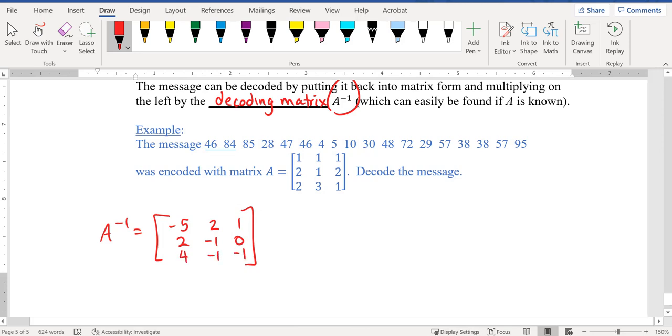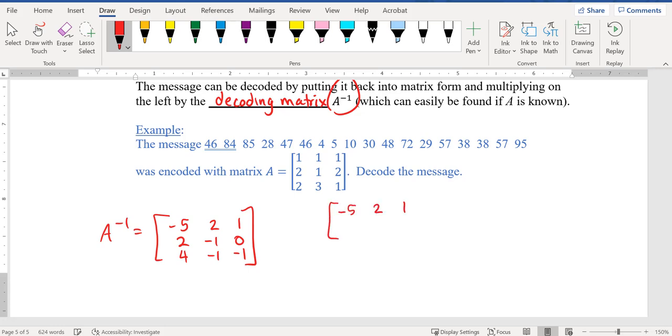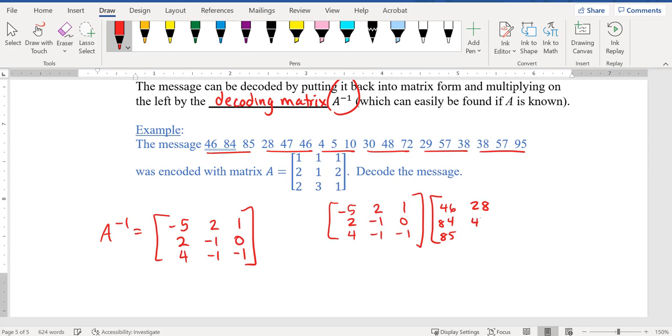Now let's put our code in columns of 3. So I have 46, 84, 85, 28, 47, 46, 4, 5, 10, 30, 48, 72, 29, 57, 38, 38, 57, 95.